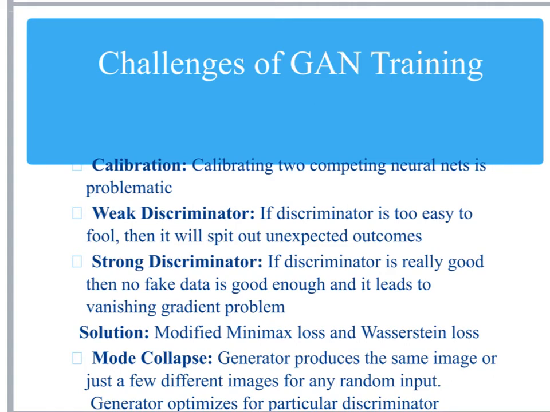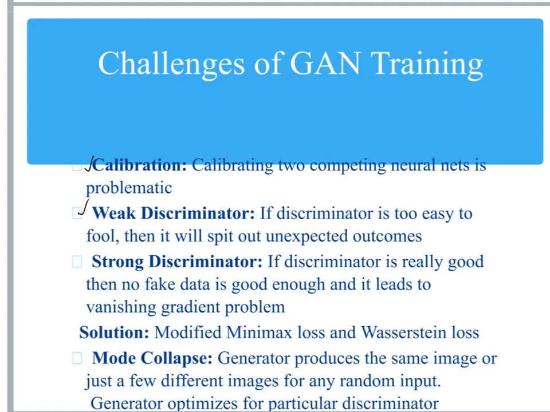Now let me talk about some of the challenges that we face when training GANs. Remember, the GAN loss function has two components. They are competing against each other, adversarial to each other. That's where the word adversarial comes from, generative adversarial networks or GANs. So calibration is a problem for this type of loss function.